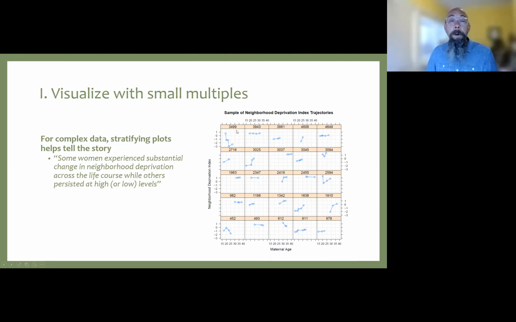We could do a separate one for every county, or a separate one for every age category, or a separate one for every race ethnicity. So small multiples are a powerful way to deal with complex data. This is probably also not a public facing kind of plot. This is a more cognitively challenging plot, but also very powerful.